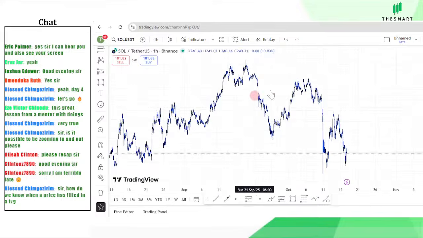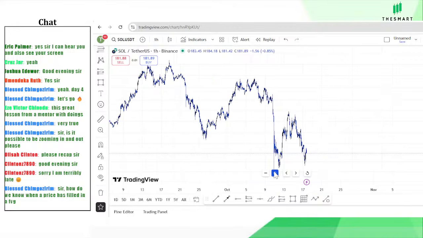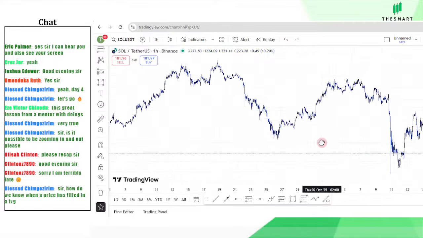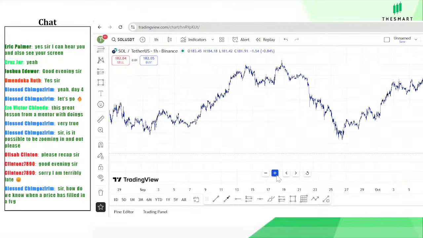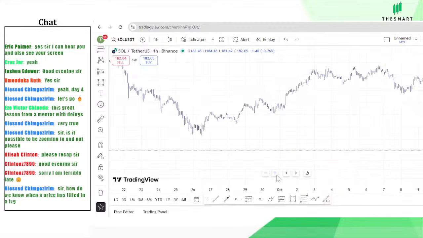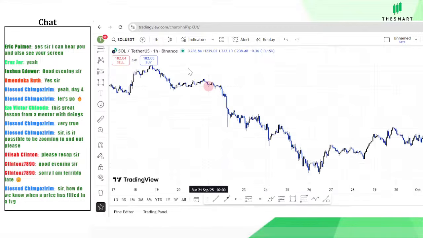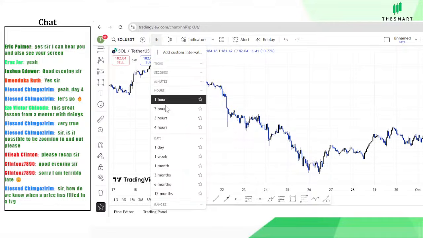And let's look at maybe the most current price action. Alright, so let's look at this. Okay, I think this is visible enough, or let's work with 2 hours so it doesn't strain our eyes.